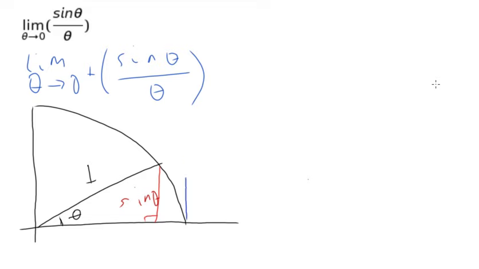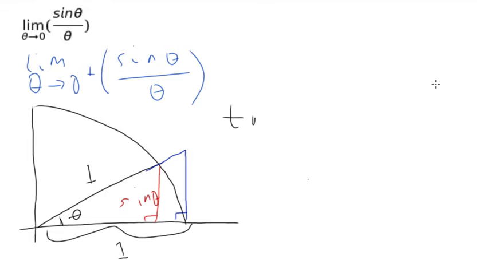I'm going to do the same thing right here, extend this out a little bit. I have another right angle here. Now, we can't use sine this time because we don't know what this length is, at least not right away. But we do know what this length is. That's also a radius of the unit circle, so it is also 1.